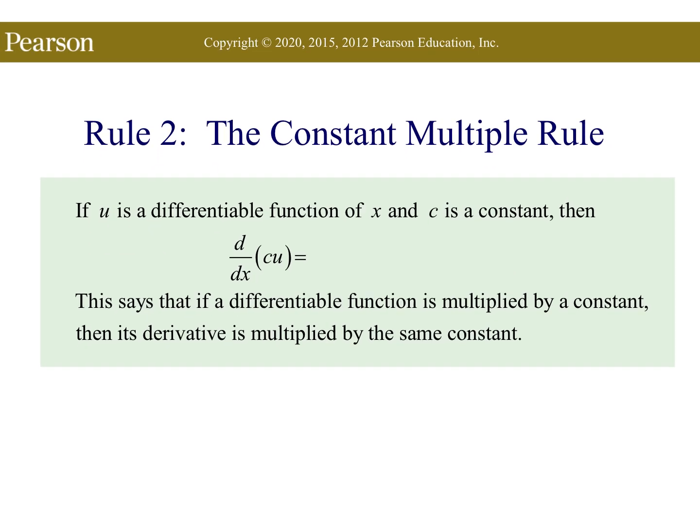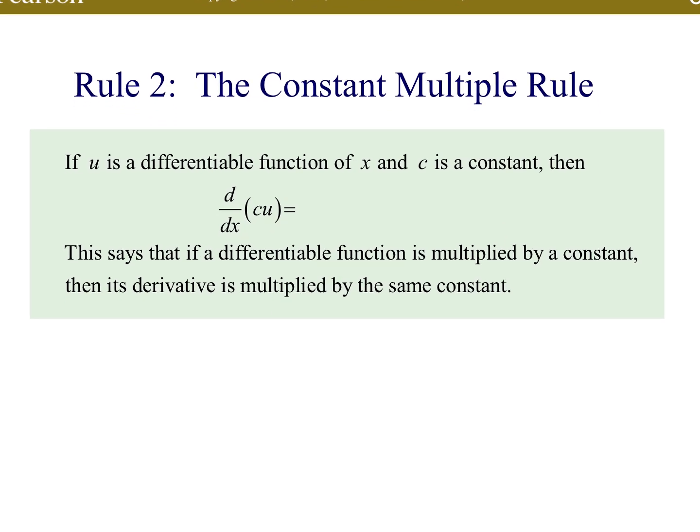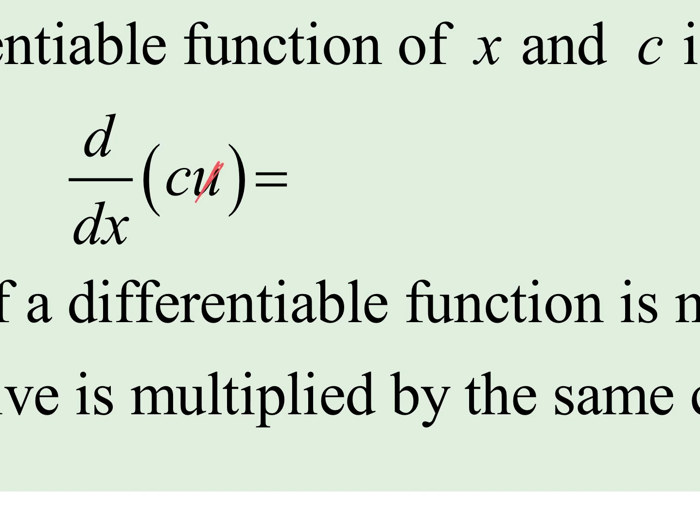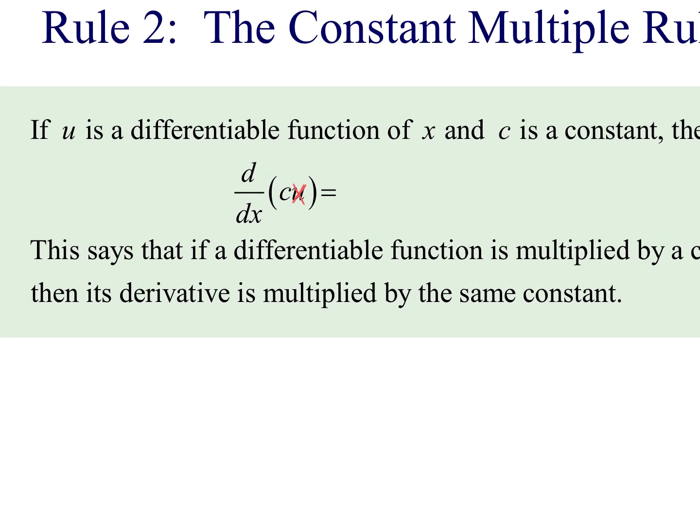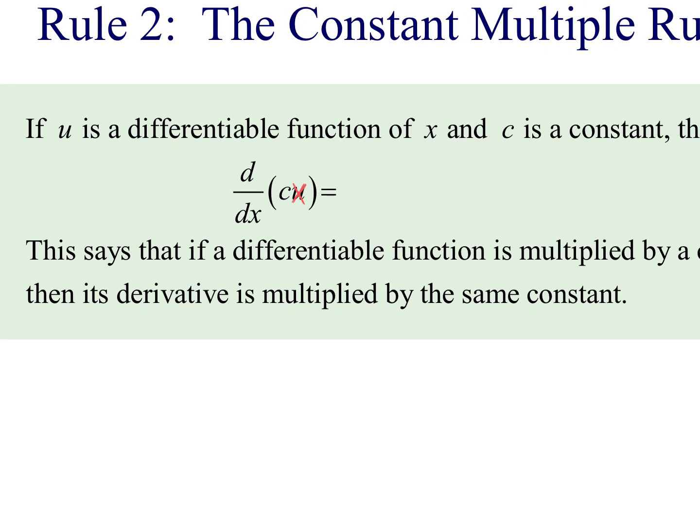All right, rule number 2. If you have a function, typo, this should be an x, and you have cx, that means a constant times x. Use your arms to show me the graph of a constant times x.